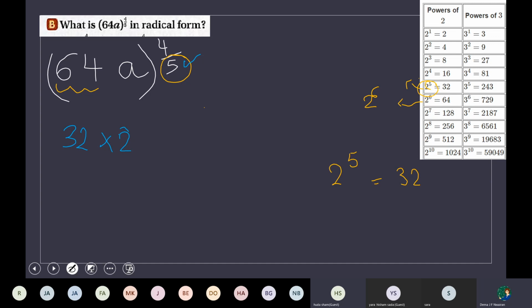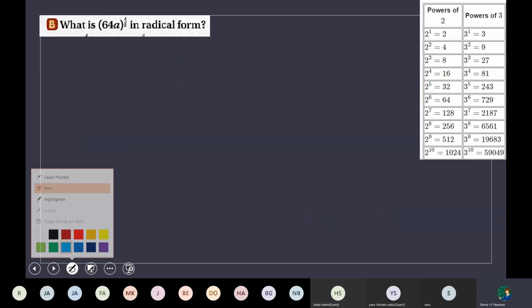Okay, wait. So here I have 4 raised to the power 5. So I go now and ask myself, what is the number that if I raise it to the power 5, I get 64? This is the first step. Forget everything that was before. Here we have 64a raised to the power 4 over 5. So the first question now, I will ask myself, what is the denominator here? It is 5.